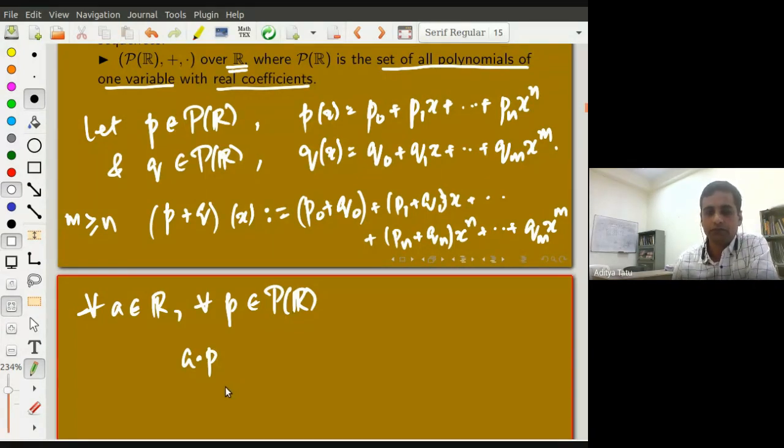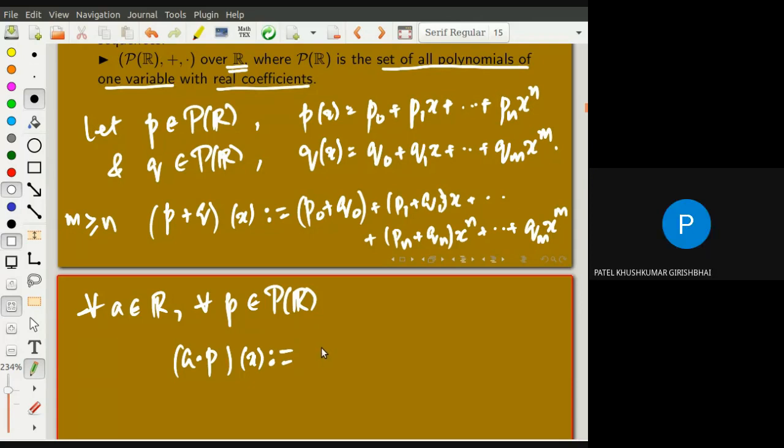Another polynomial, right? But how do I define it? Just saying that a dot p belongs to the set of polynomials is not enough. I need to define this operation. So what is a dot p? It is a multiplied to every coefficient: a p0 plus a p1 x, and so on and so forth, a pn x^n.